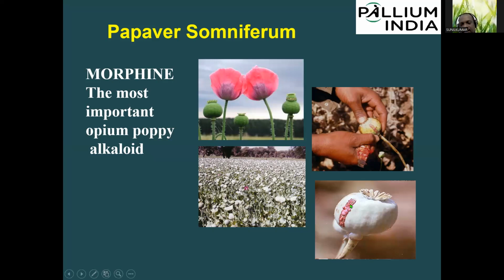The farmers collect this sap, dry it in sunlight, and transport it to government opium and alkaloid factories, from where they make morphine powder and send it to the pharmaceuticals, who make morphine tablets, capsules or injections.